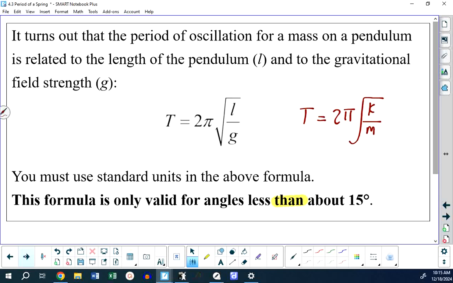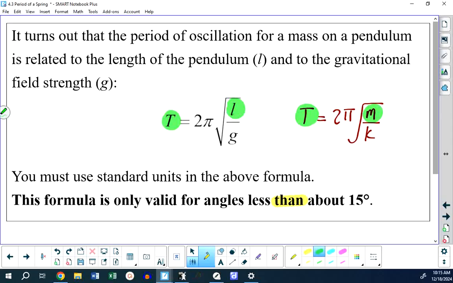It's m over k, isn't it? That the bigger the mass, the bigger the period. That's why mass is on the top. The bigger the length, the bigger the period. I think you would also agree that with a mass on a spring, if the spring constant is quite small, the period will be quite big.